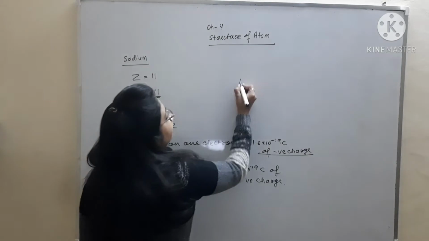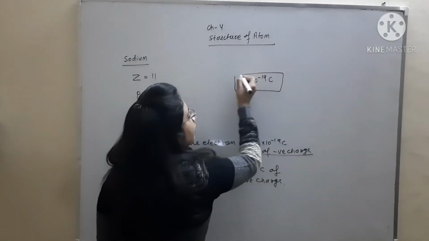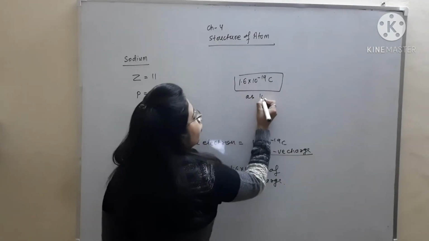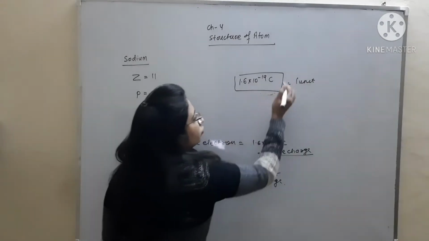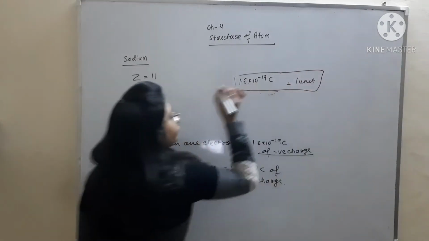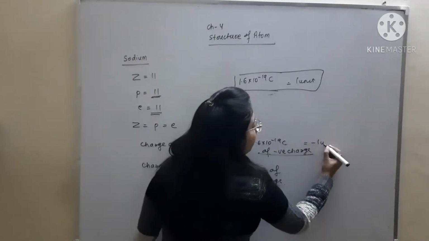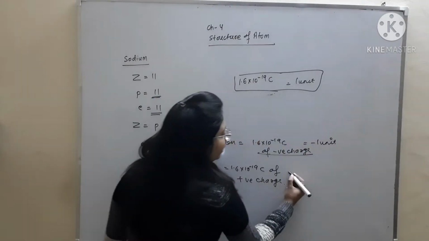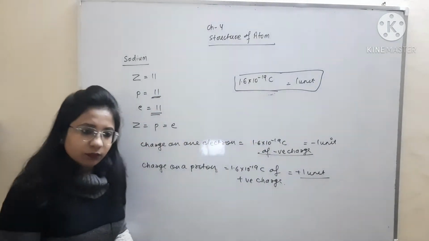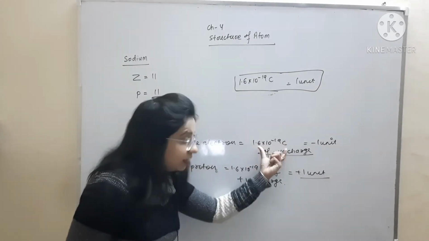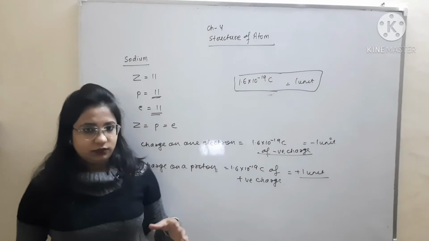So if I consider this 1.6 into 10 to the power minus 19 coulombs of charge as 1 unit, I can say that the charge on one electron is minus 1 unit and the charge on a proton is plus 1 unit. Can I say this? Because the value is the same and we have considered this value as 1 unit.